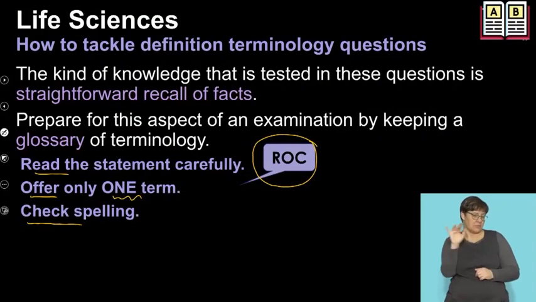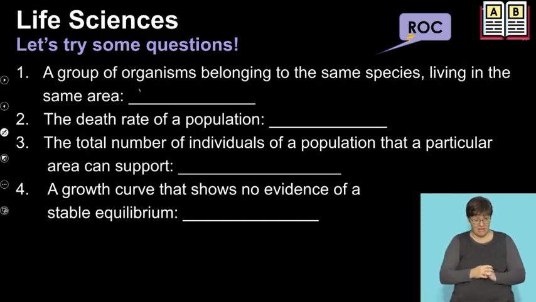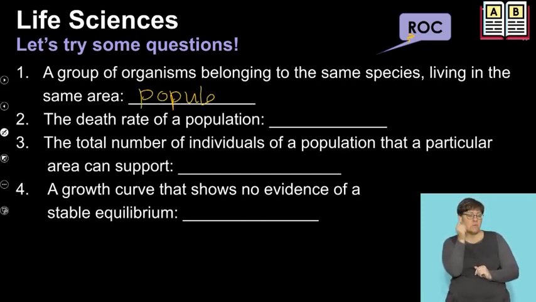Let's go with some examples. A group of organisms, I'm doing the R, the read: a group of organisms belonging to the same species, living in the same area. I am going to call this a population.